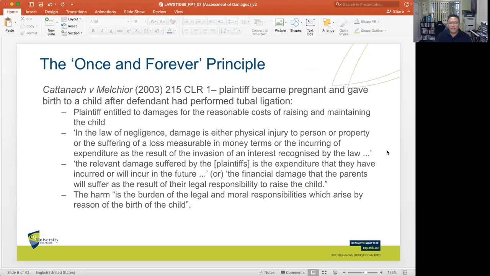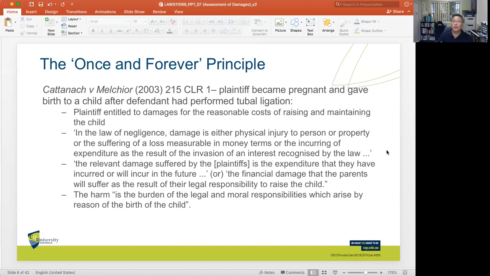Now, one of the interesting cases we will also encounter in tort law is a situation where, in the case of Cattanach versus Melchior, a plaintiff became pregnant and she gave birth to a child after the defendant doctor had performed a tubal ligation, which was unsuccessful. So the defendant doctor or surgeon in performing the tubal ligation was meant to ensure that the plaintiff woman does not become pregnant, but she did.